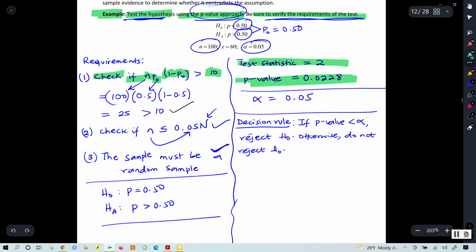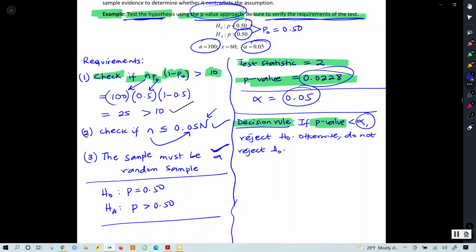Based on this decision rule, I will look at my p-value, which is 0.0228, and my alpha, which is 0.05. I'll compare them. 0 to 0, 0 to 0, 2 is less than 5. So in this case, the p-value is less than alpha. So this would cause me to reject the null hypothesis.